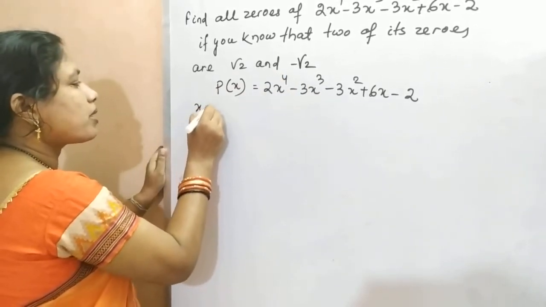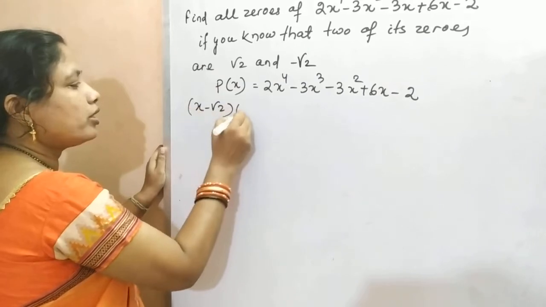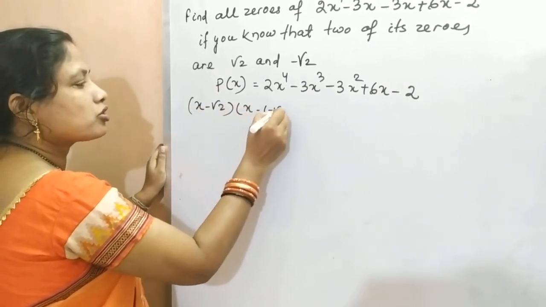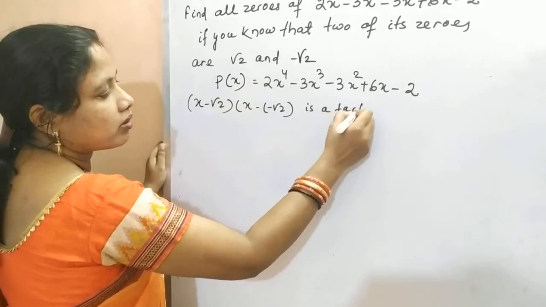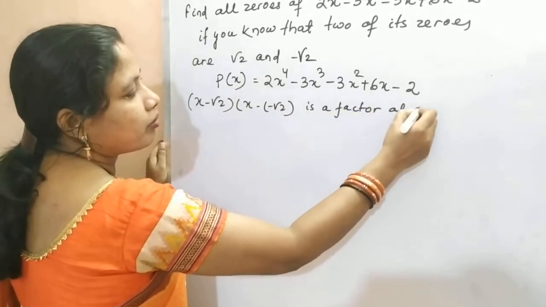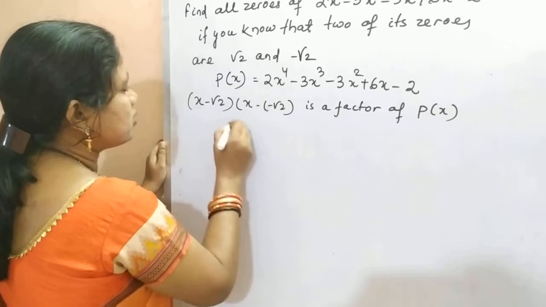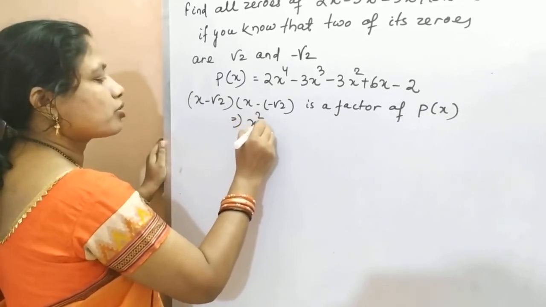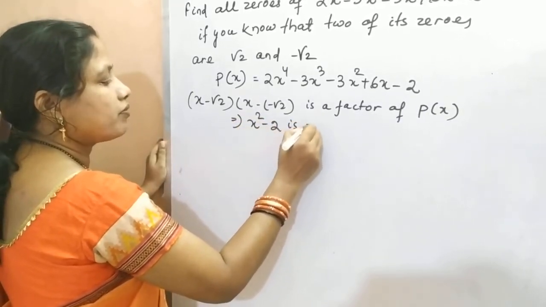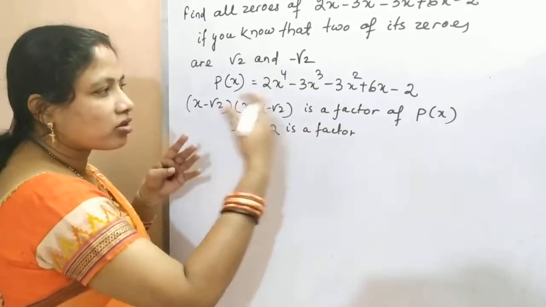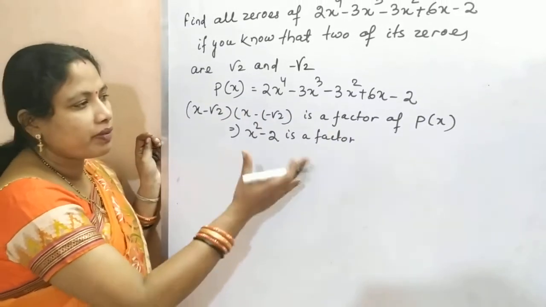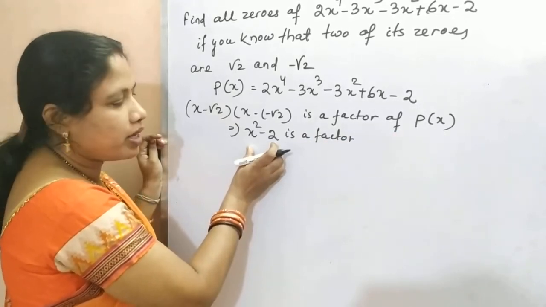So x minus root 2 whole into x minus minus root 2 is a factor of p of x. So this implies x square minus 2 is a factor. So to find the other factor, we have to divide p of x by x square minus 2.